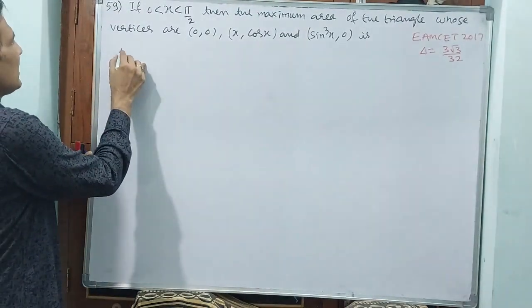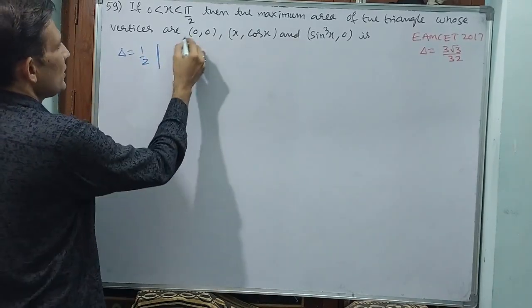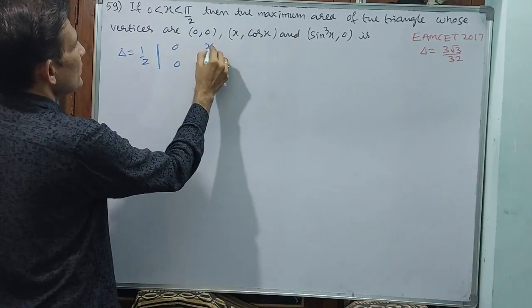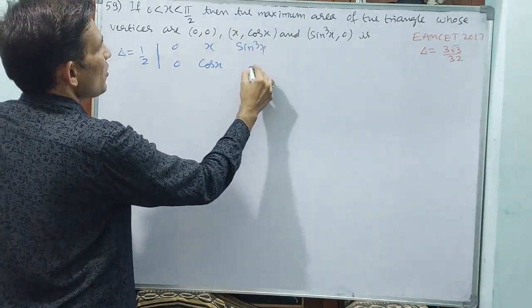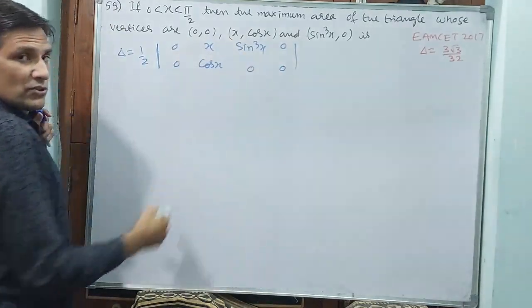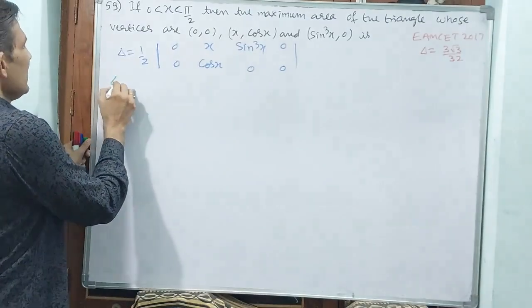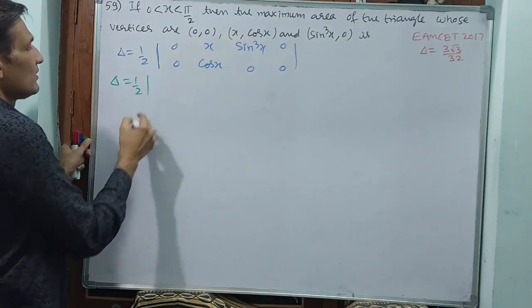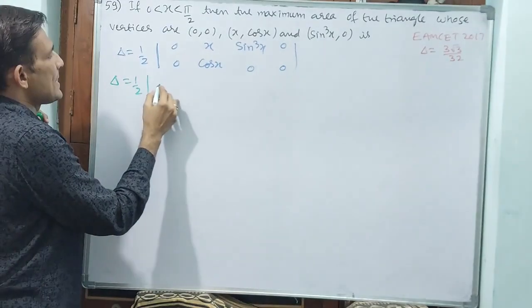Delta is equal to the determinant of 0 0, x cos x sin cube x, 0 again 0 0, starting from 0 and ending with 0. This we already know. Now delta is equal to, you need not take the 0 0 row.